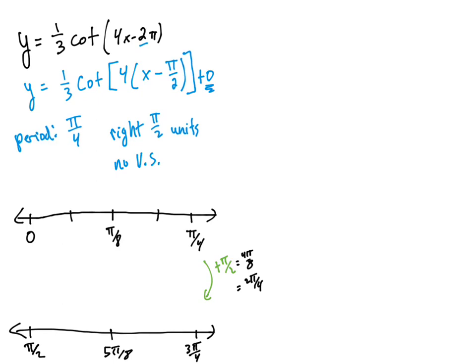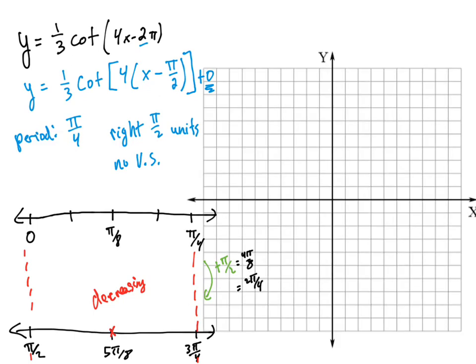All right, and remember we're going to have asymptotes at the beginning and the end of the period length. There's no vertical shift, so it's going to cross here. And then cotangent is a decreasing function. So when we graph this, we need to make sure that we're decreasing. All right, so let's plot these values from the number line.